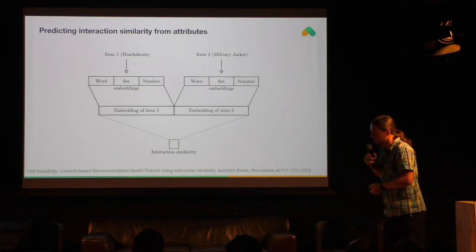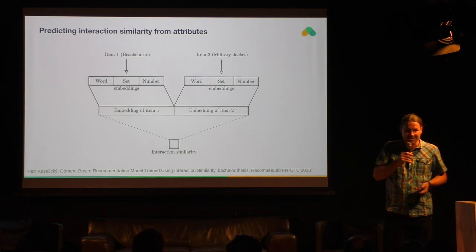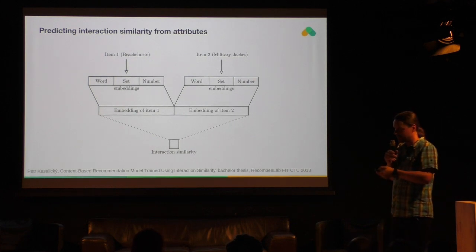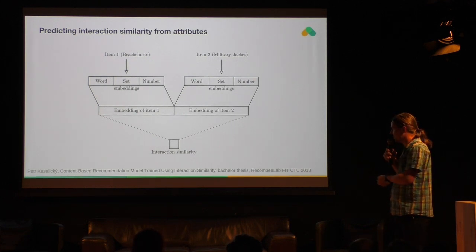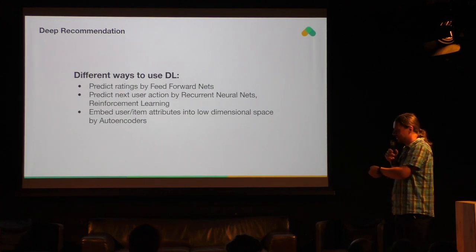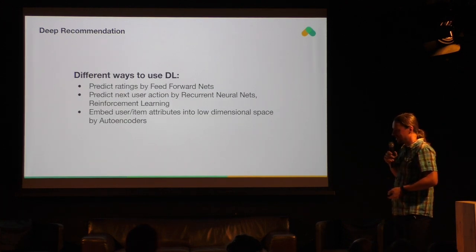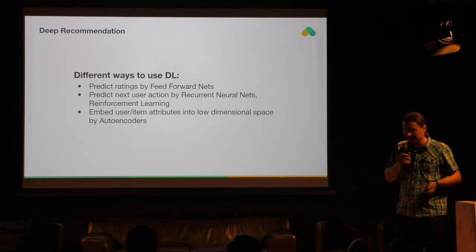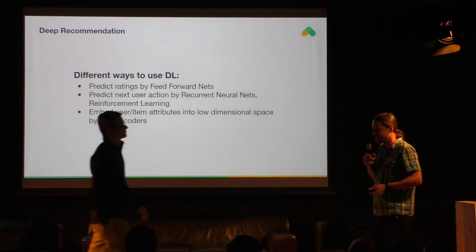In this case, you can improve the cold start significantly. This is also state-of-the-art research we are doing in our laboratory. And because it's a neural network, I will pass the word to Radek, who will tell you a bit more about what we are using in this domain.